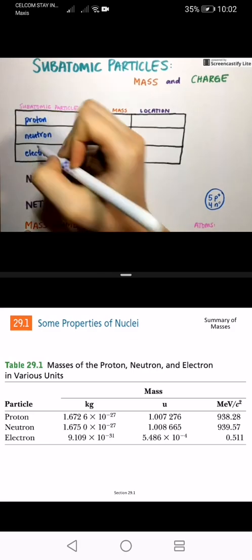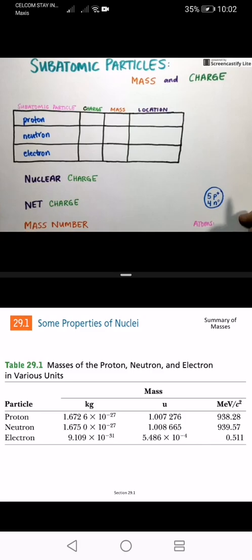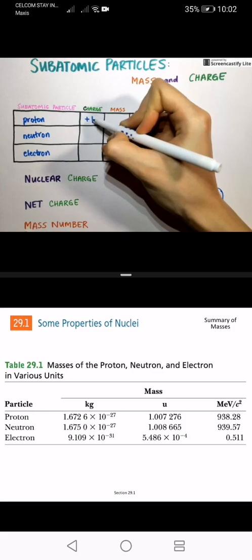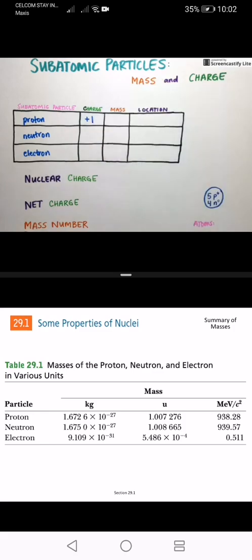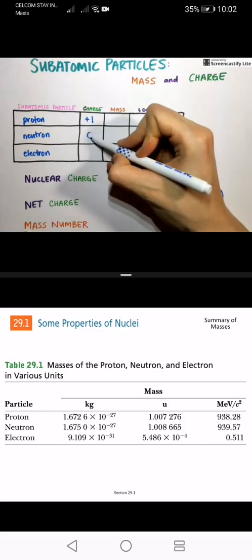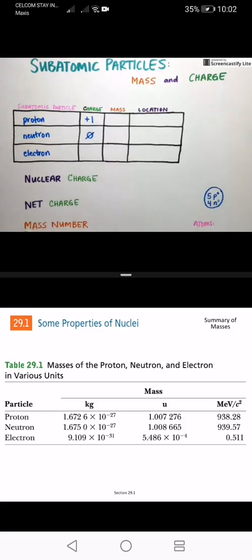So we now know of three subatomic particles that exist: the proton, the neutron, and the electron. These subatomic particles each serve their own purpose in the atom. The proton is the positively charged subatomic particle that was the reason for the deflection of the alpha particles in Rutherford's gold foil experiment.